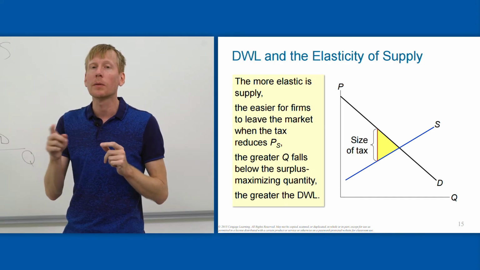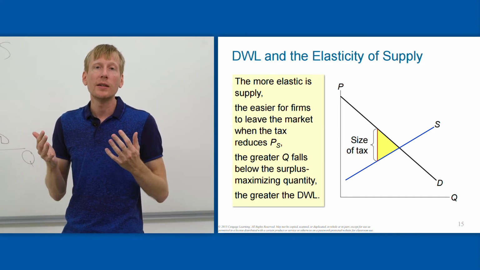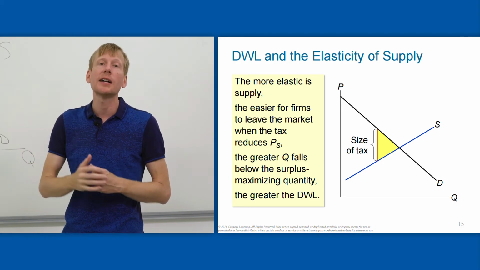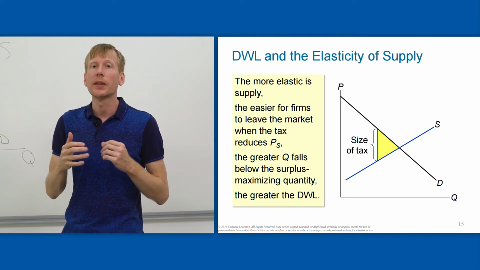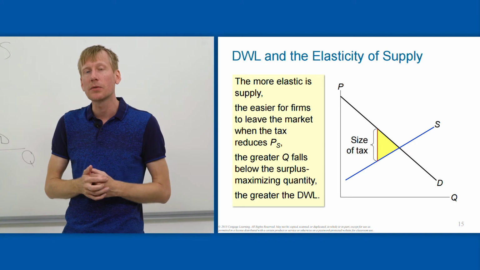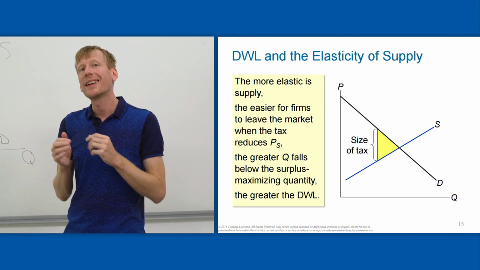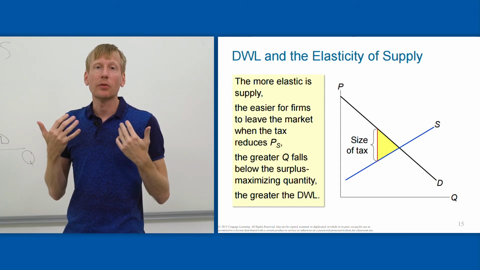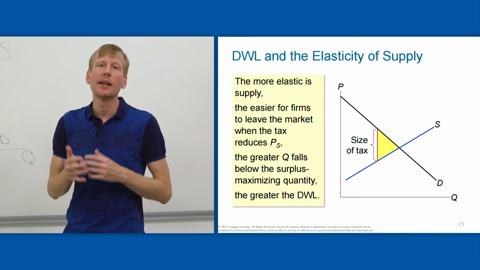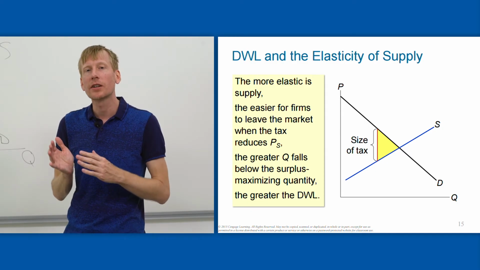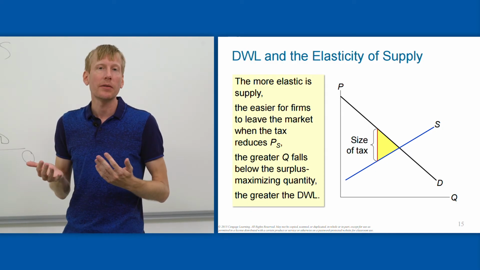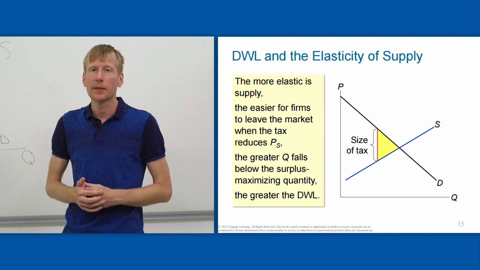It might look like the wedge isn't the same when you compare those two graphs, but the vertical size of the wedge is the same. It's the same tax being imposed, but the size of the deadweight loss triangle with elastic rather than inelastic supply is much, much larger. Here it is illustrated by a flatter rather than steeper supply curve.